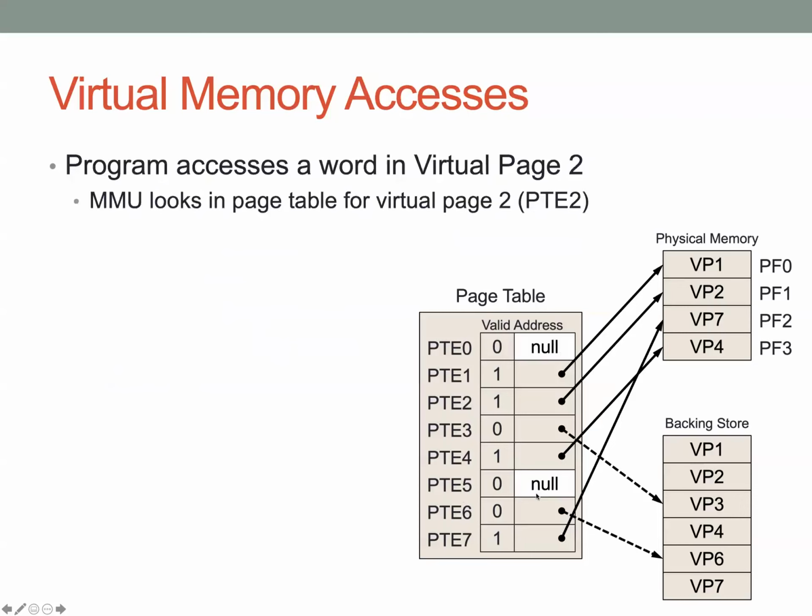Okay. So if the program were to access a word in virtual page 2, so anywhere in there, remember there's a virtual page number and a virtual page offset. The offset goes straight across because the page and the frame are the same sizes. Otherwise, that would be crazy. So the virtual page number is used to index into the page table. And so we can go ahead and look and we see PTE2. Hey, it's valid.